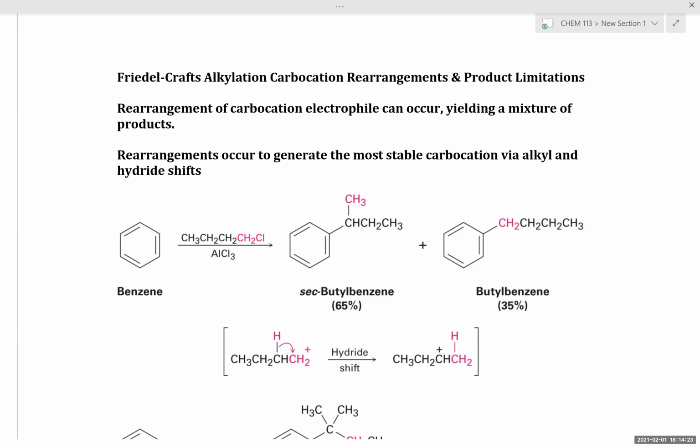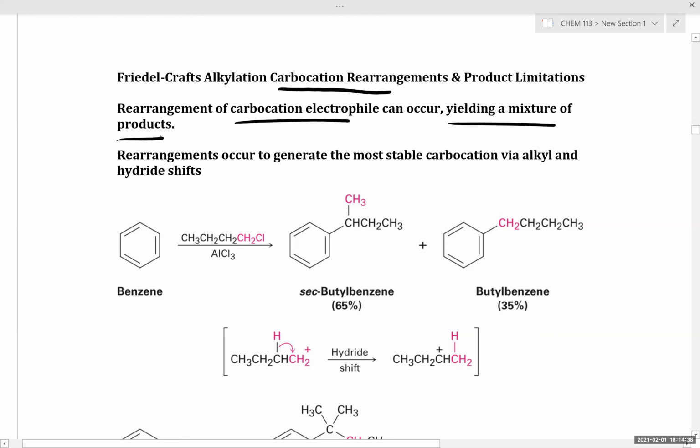Because we're going through a carbocation intermediate, the Friedel-Crafts alkylation is notorious for carbocation rearrangements. So rearrangement of our carbocation electrophile can occur, yielding a mixture of products. These rearrangements via hydride or alkyl shifts will occur to generate the most stable carbocation.